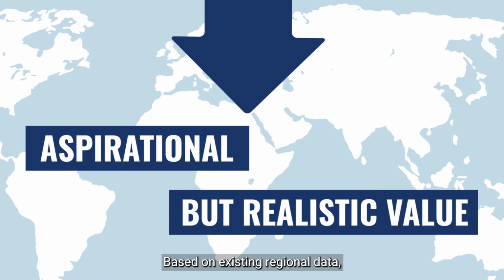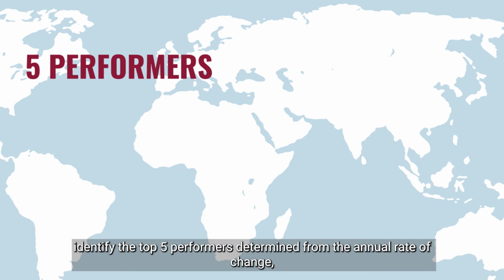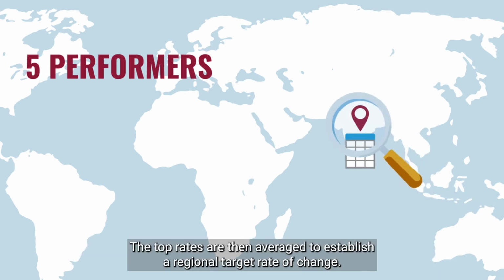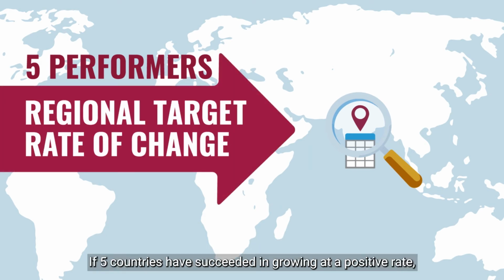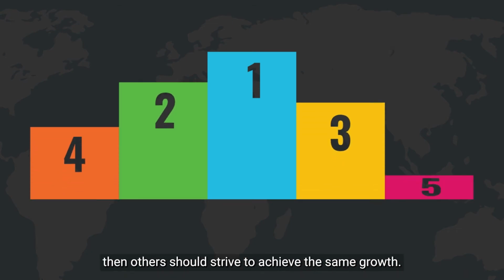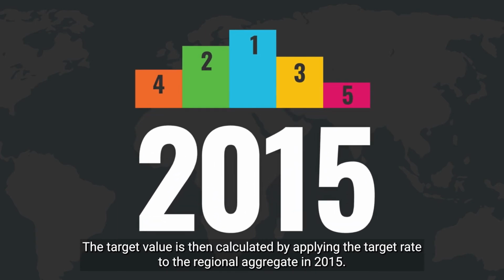Based on existing regional data, identify the top 5 performers determined from the annual rate of change after eliminating outliers. The top rates are then averaged to establish a regional target rate of change. If 5 countries have succeeded in growing at a positive rate, then others should strive to achieve the same growth. The target value is then calculated by applying the target rate to the regional aggregate in 2015.